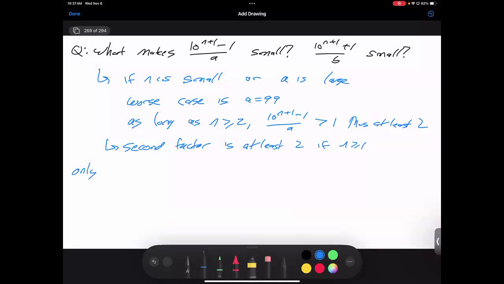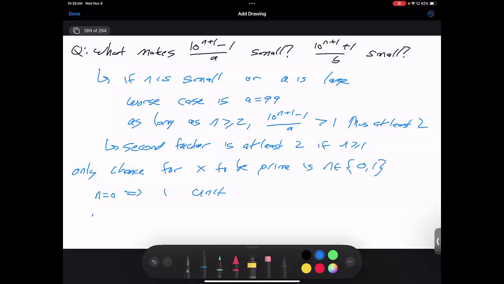So the only chance for x to be prime is for n to be 0 or 1. And then we just check. N equals 0 gives us 1, which is a unit. N equals 1 gives us 101, which is prime.